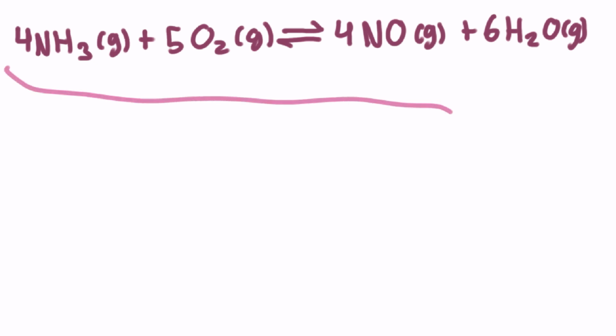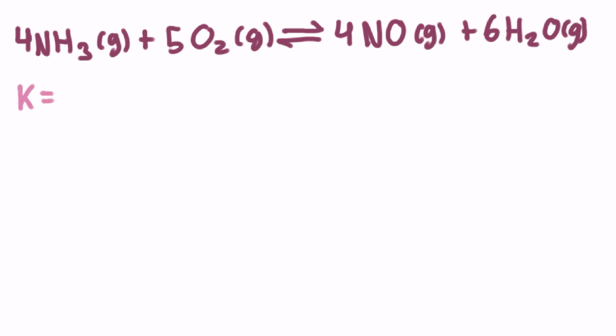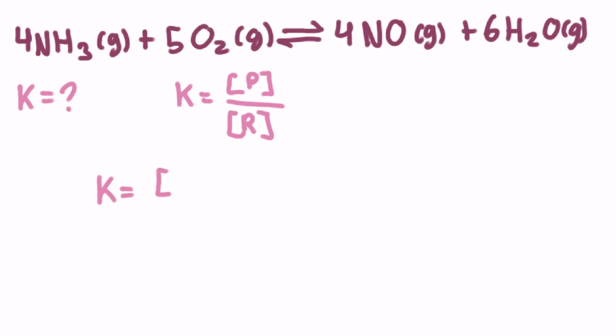Let's suppose we have the following reaction. What is my equilibrium constant of this reaction? We know that K equals concentration of products over concentration of reactants. So K equals concentration of NO, concentration of H2O, and let's not forget the coefficients.